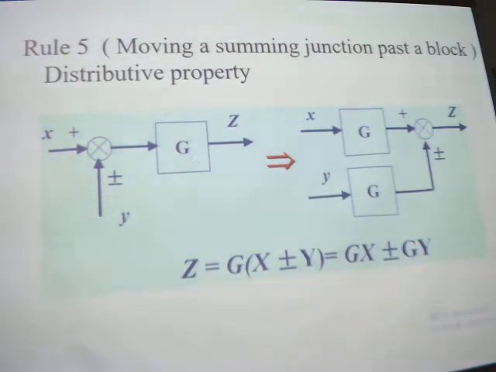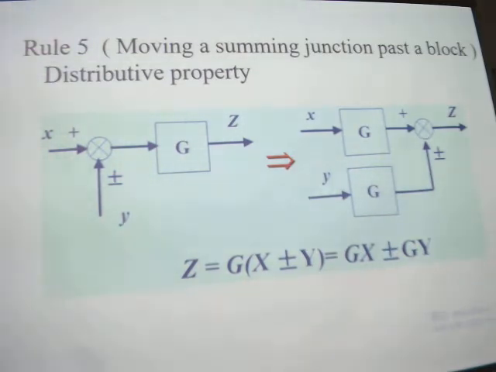So if these two change position, x times g plus or minus y times g is equal to this. This is equal to g times x plus or minus y, equal to gx plus or minus gy.